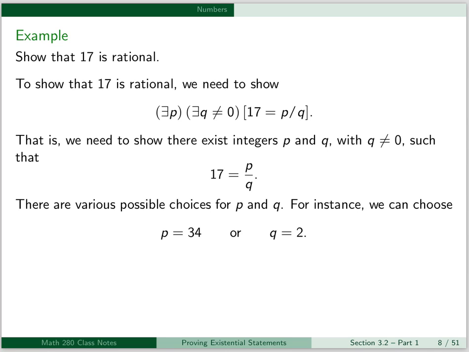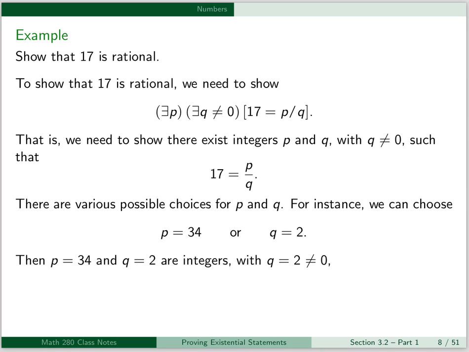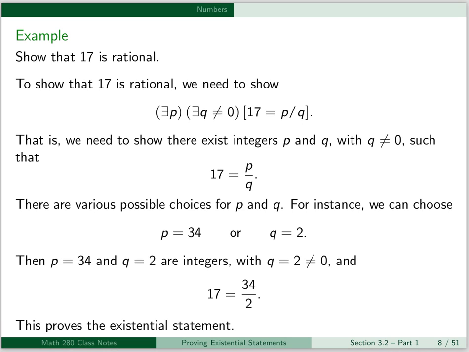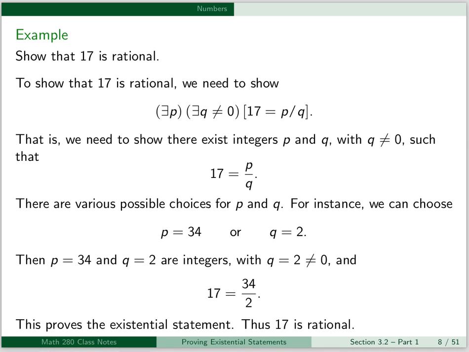For instance, we can choose p equal to 34 and q equal to 2. Then p equal 34 and q equal 2 are integers, with q equal 2 not equal to 0, and 17 is equal to 34 over 2. This proves the existential statement, and thus 17 is rational.